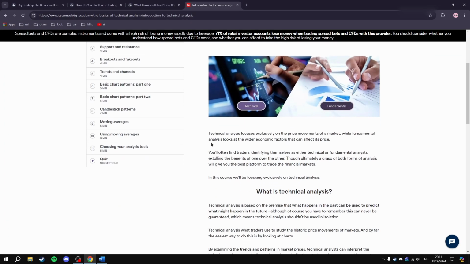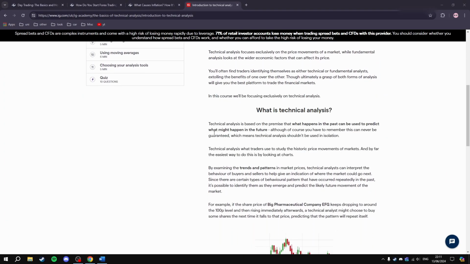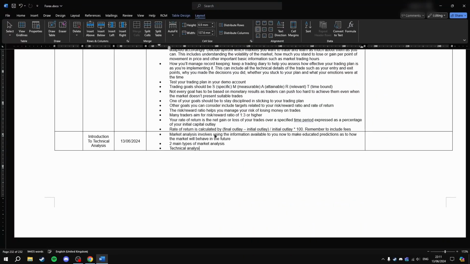Two main types of market analysis: technical and fundamental.